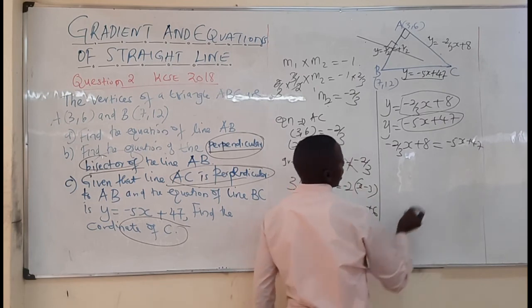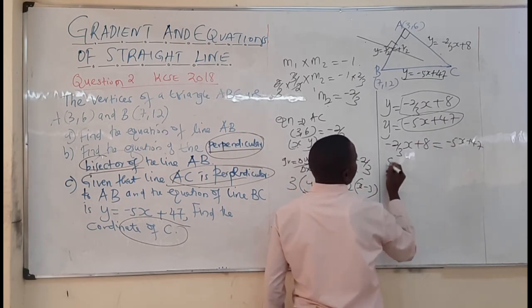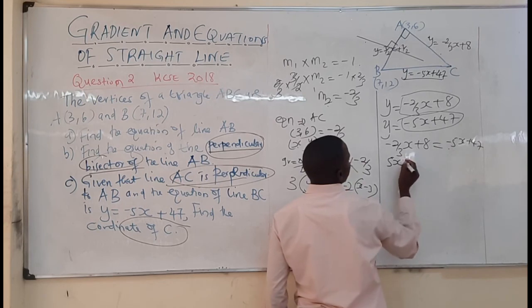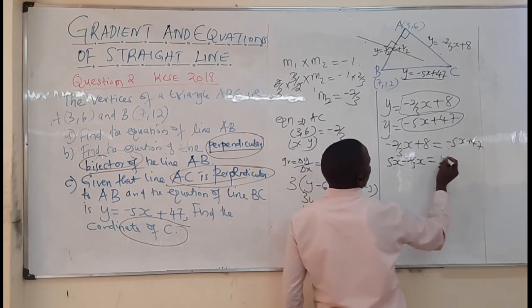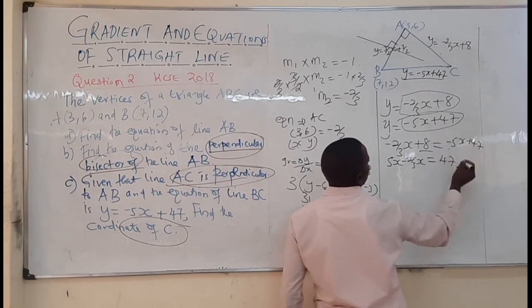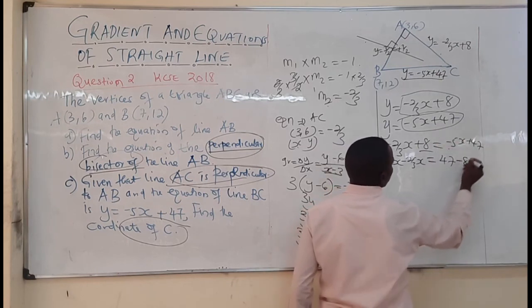We put the x terms together, having 5x on this side: 5x minus 2 over 3x is equal to 47. The 8 goes to the other side as minus 8.